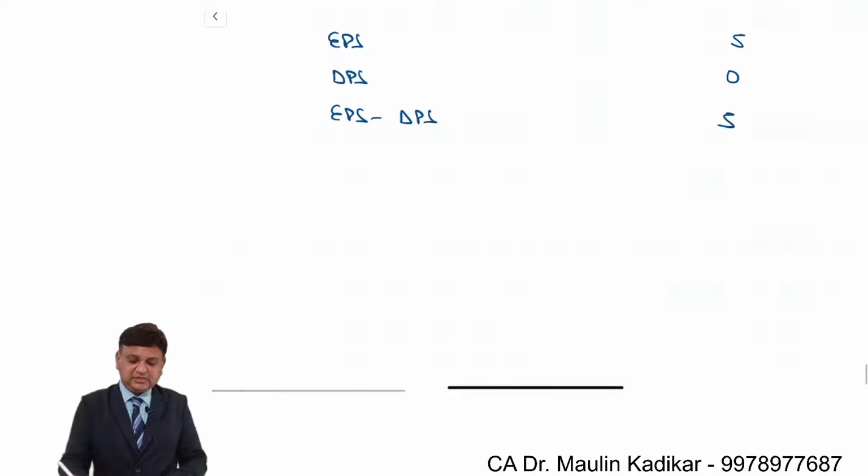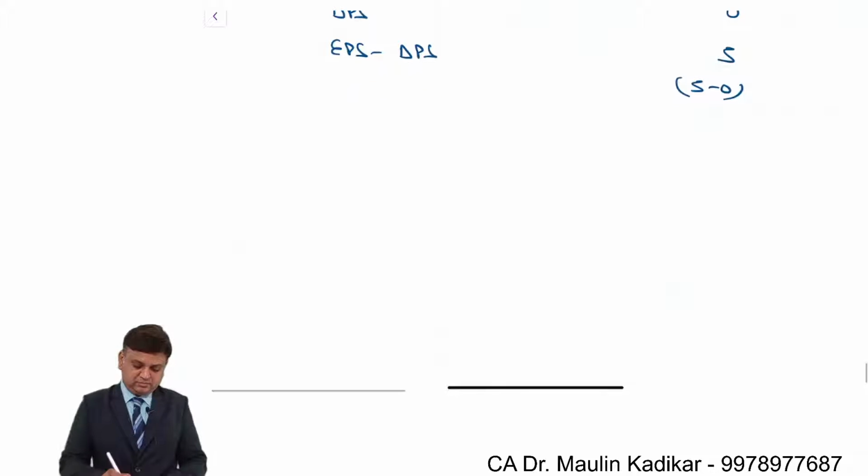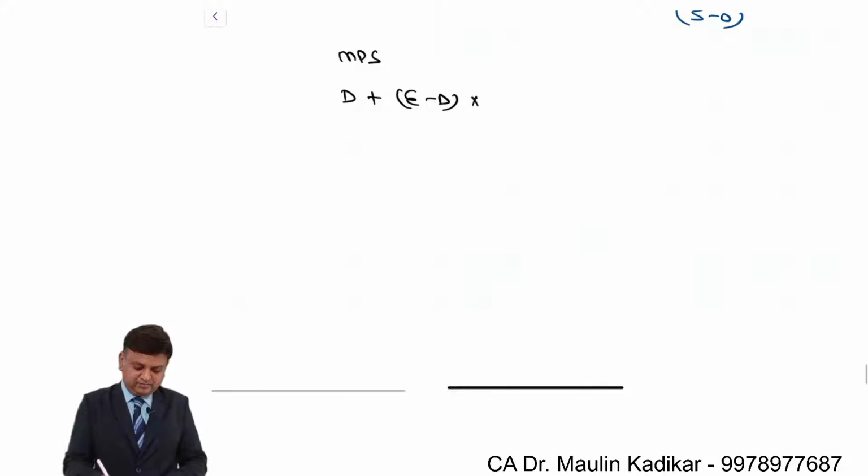EPS minus DPS is 5, that is 5 minus 0. Market price of the share is dividend plus (earning minus dividend) into R upon K, whole upon K.